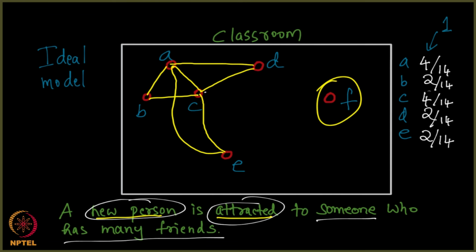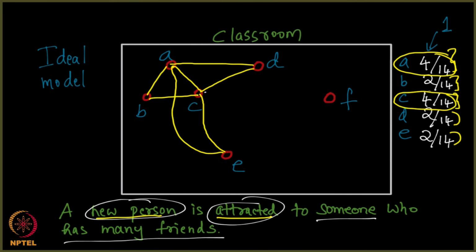So he makes friends with A with probability 4 by 14, B with probability 2 by 14, C with probability 4 by 14, D with 2 by 14 and E with 2 by 14. Okay, anything can happen. This is sort of tossing a coin and then deciding, but you see there is higher probability for F to become friends with A and C, right?